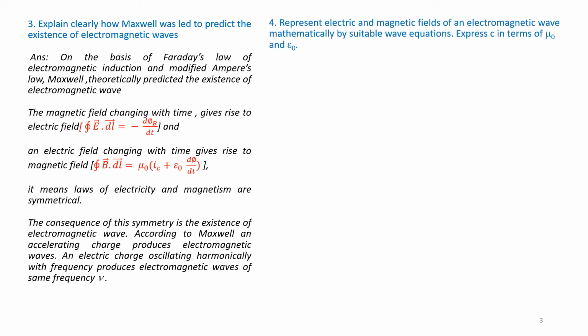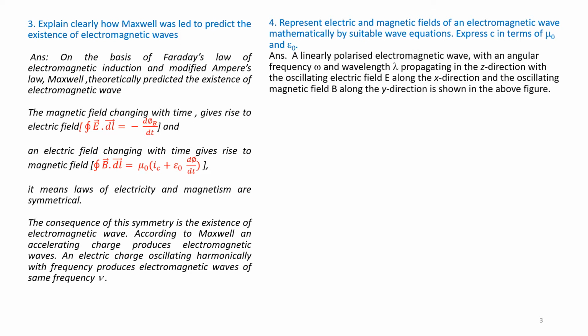Question number 4. Represent the electric and magnetic fields of an electromagnetic wave mathematically by suitable wave equations. Express c in terms of mu naught and epsilon naught. Answer.